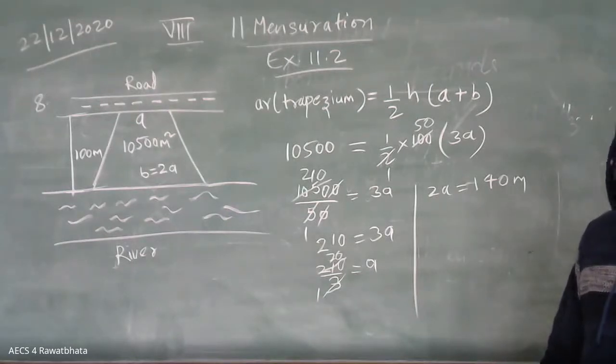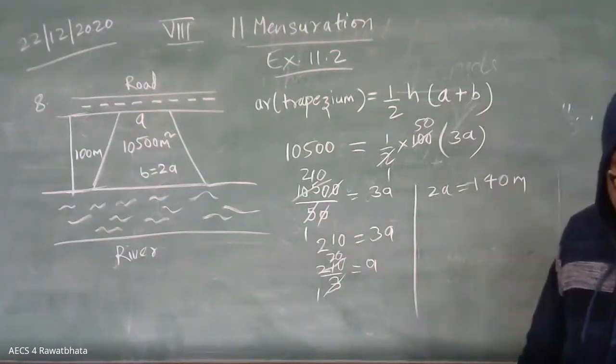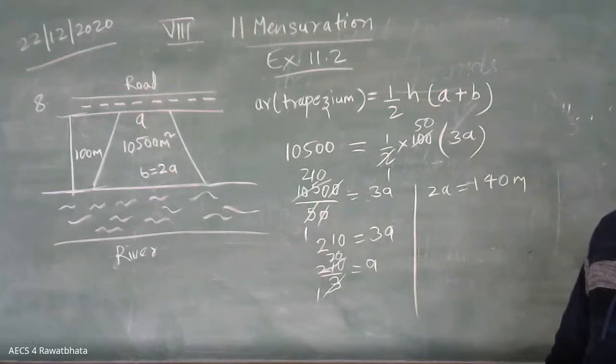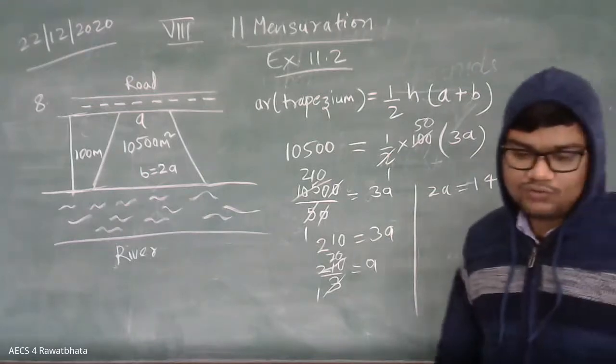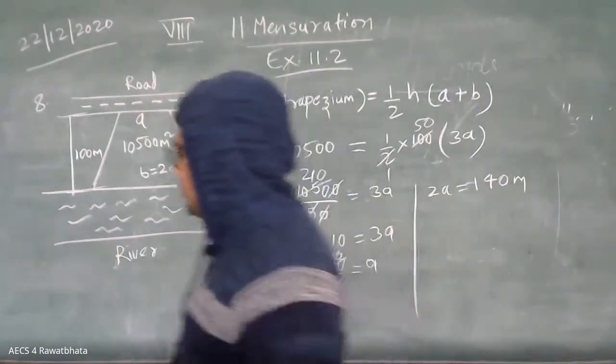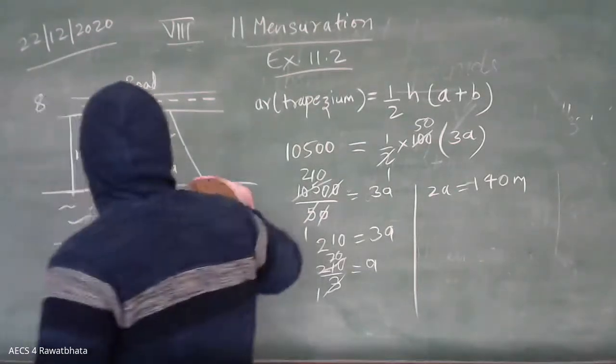Now question number 9. The top surface of a raised platform is in the shape of a regular octagon as shown in the figure. Find the area of the octagonal surface.